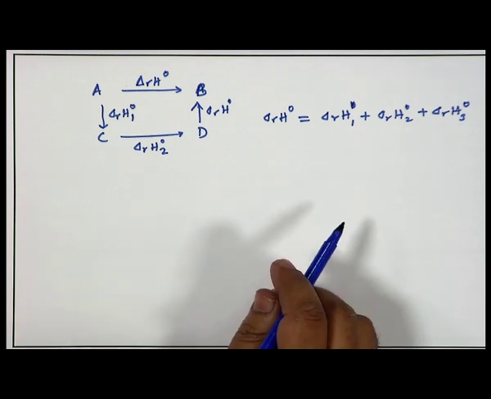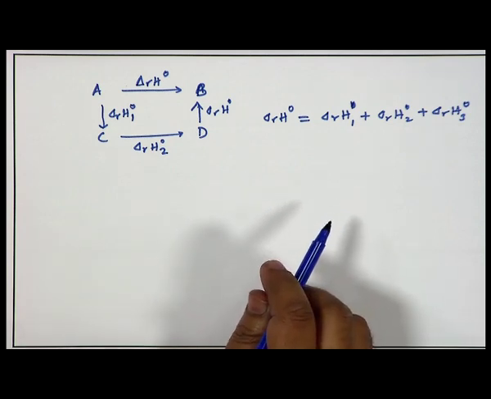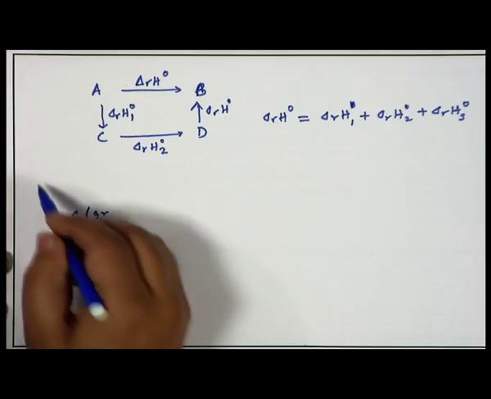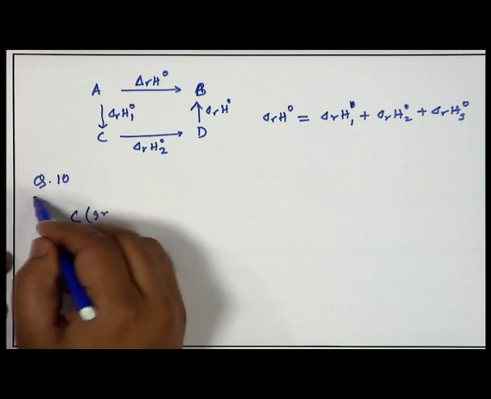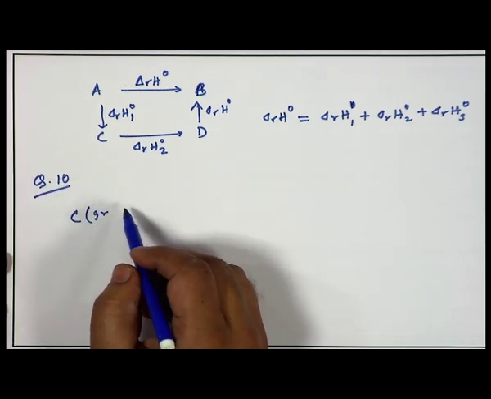So, we will just take an example numerical problem. If we can focus on this problem here, it says that given the standard enthalpy of combustion of graphite, this is question 10 in our thermodynamics unit.